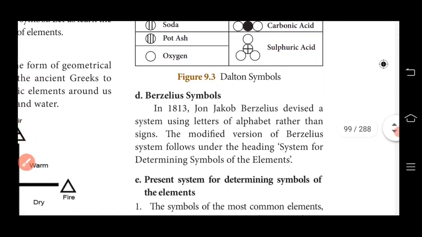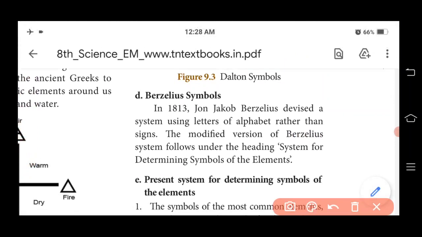And then Berzelius symbols. Berzelius devised symbols using letters of the alphabet rather than signs. The modified version of Berzelius symbols follows under the heading System for Determining Symbols of the Elements.